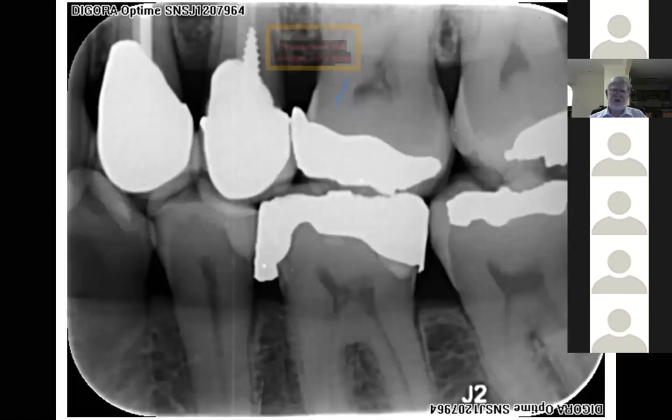Okay. So let's suppose this patient is 70 years old. There are overhangs on the 2-6 mesial, a little bit on the 3-6 distal, and a massive overhang on the 3-6 mesial. Okay, so they're there.